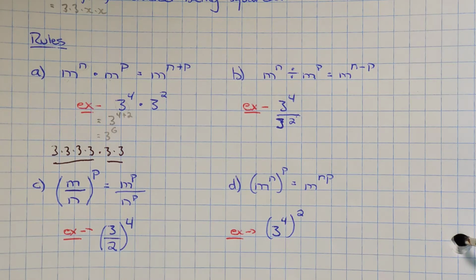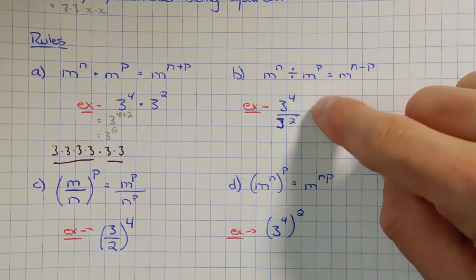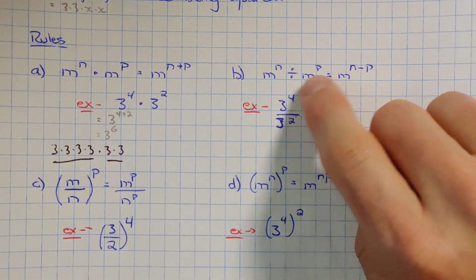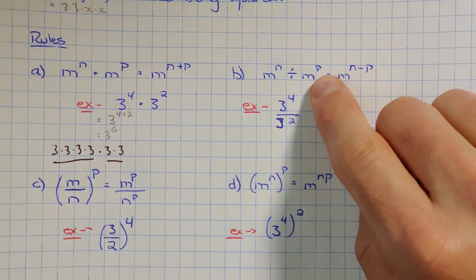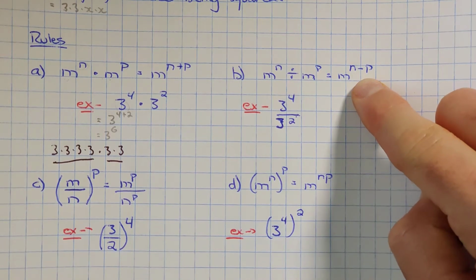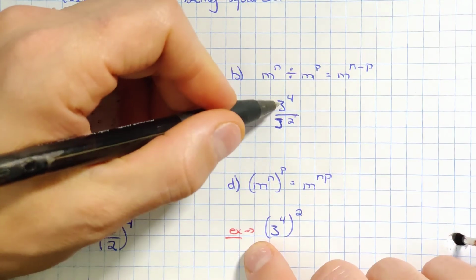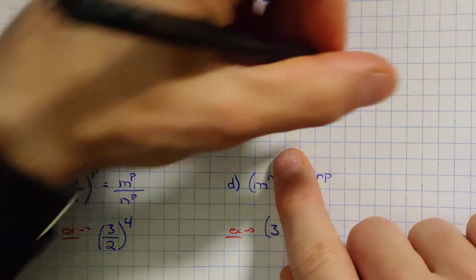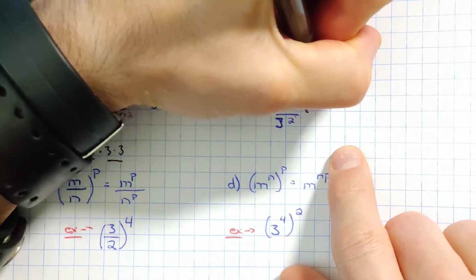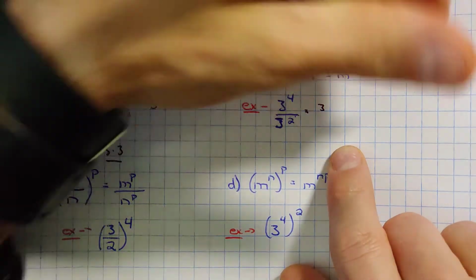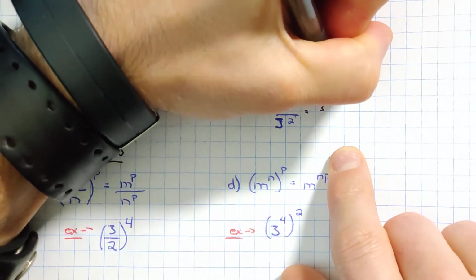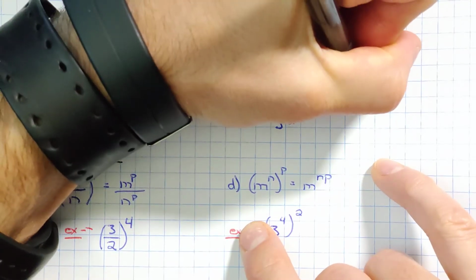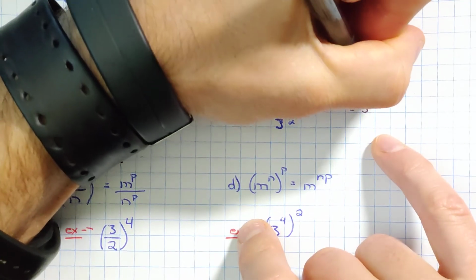Similarly, when we're dealing with the division of the same base, so we have the base of m here and we have exponents n and p, we just subtract the exponents. So here I have 3 to the 4 over 3 to the 2, so we're dividing. This works out to 3 to the 4 minus 2, or 3 to the 2.